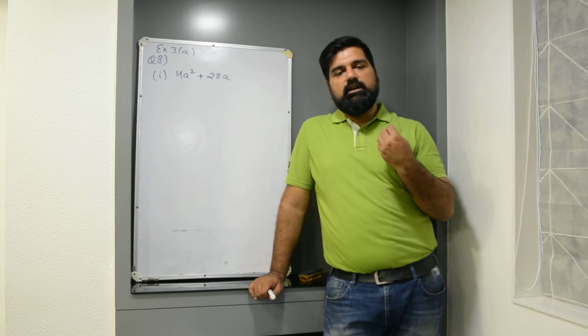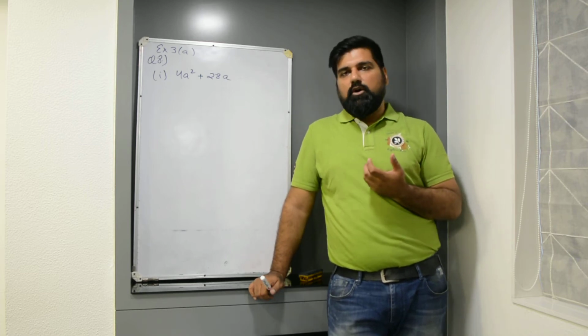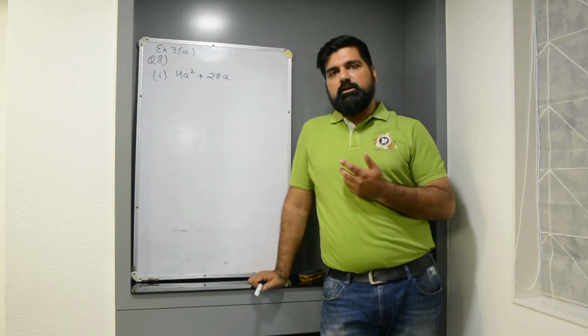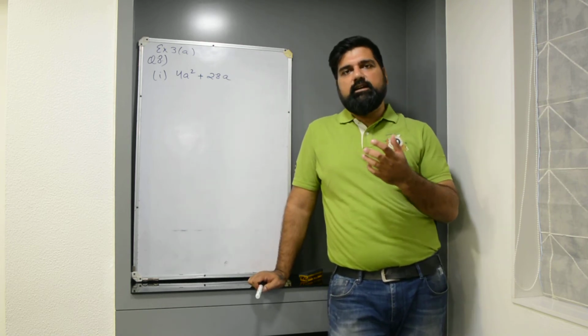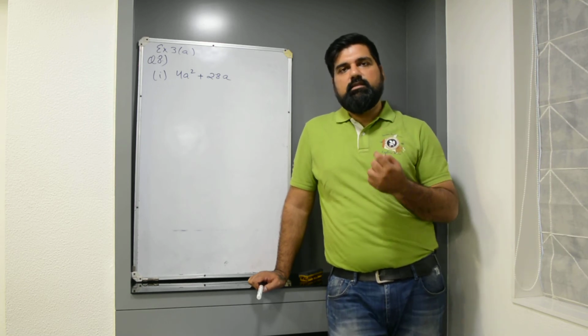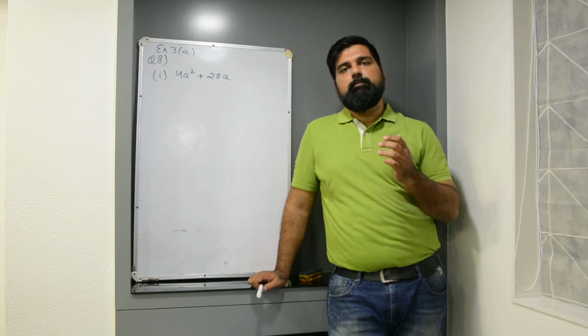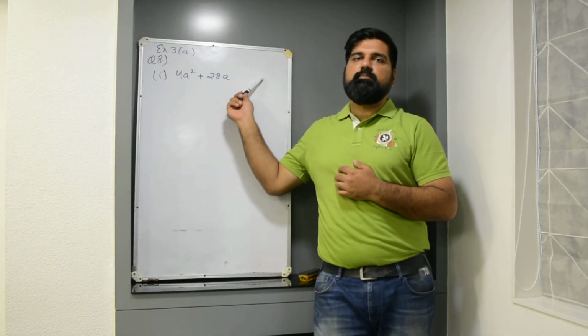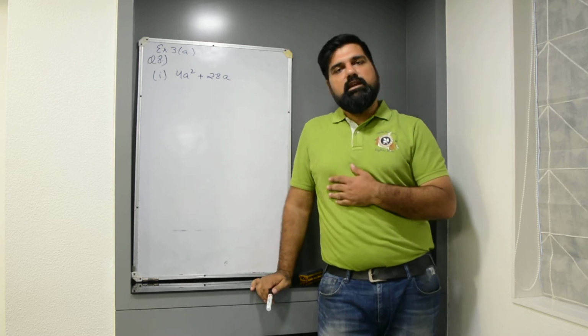But if the given term is not a perfect square, like here we have 28a, there is no square over here, then it will be a middle term. To identify whether we are finding the first term, middle term or the last term, the hint is that the first term and last term will be perfect squares. So one term is given which is a perfect square, but the other term is missing. That's why we need to find the last term.